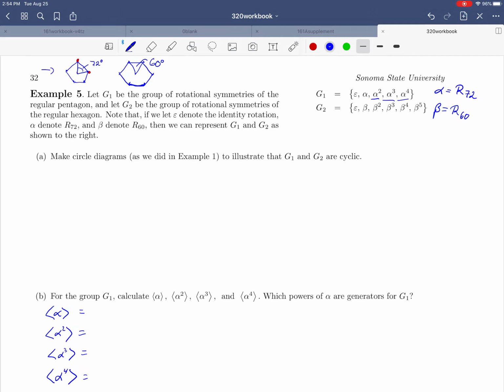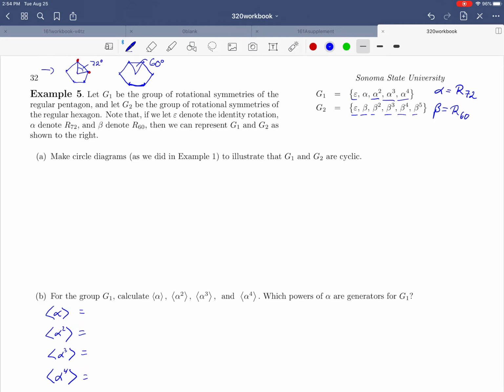Do it one more time, you get alpha to the fifth, but that's your identity back. The same way with the regular hexagon, we have 60, 120, 180, 240, 300, and then 360 degrees gives you your identity back.